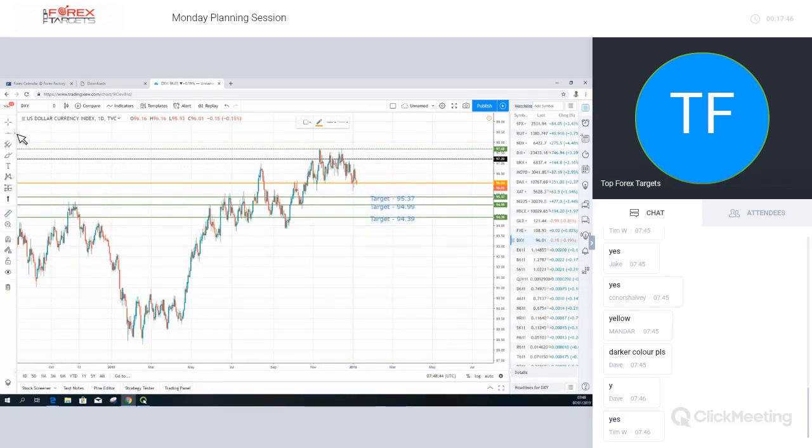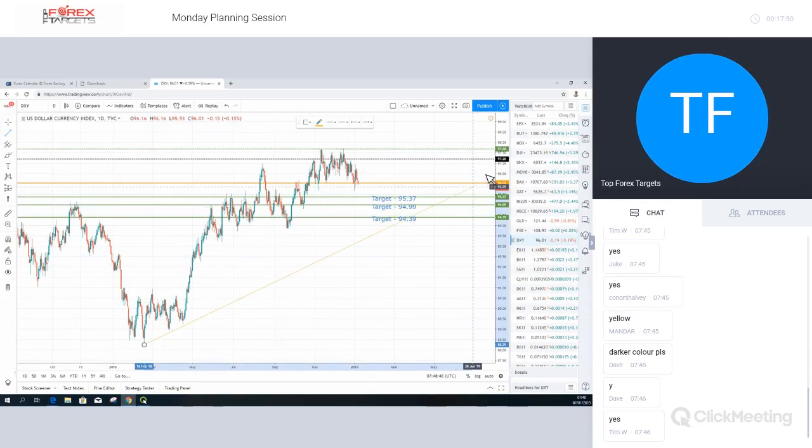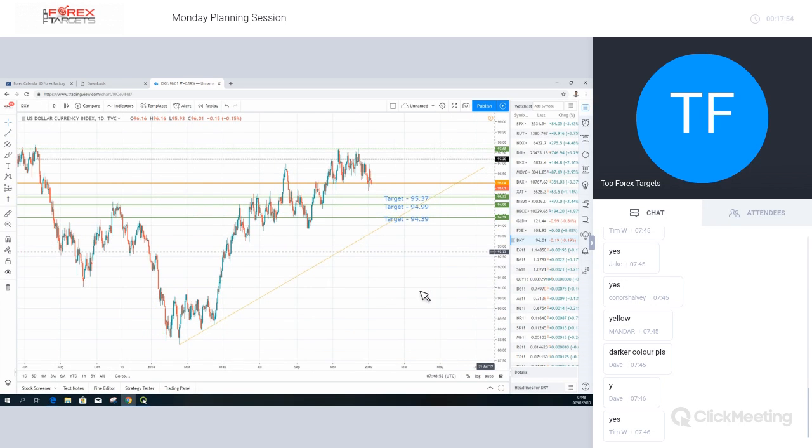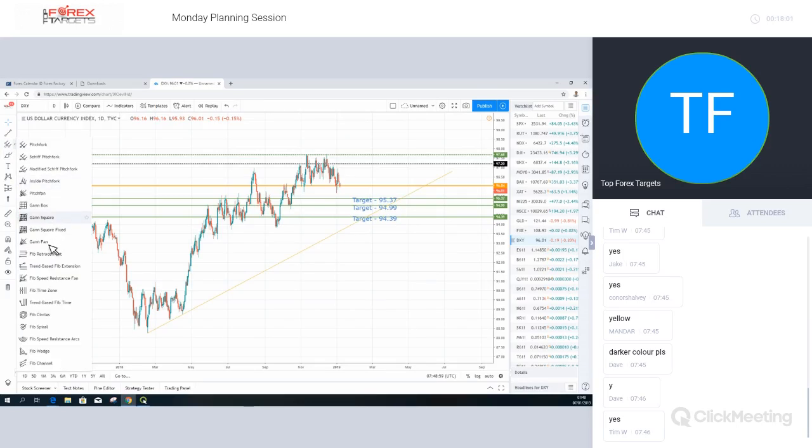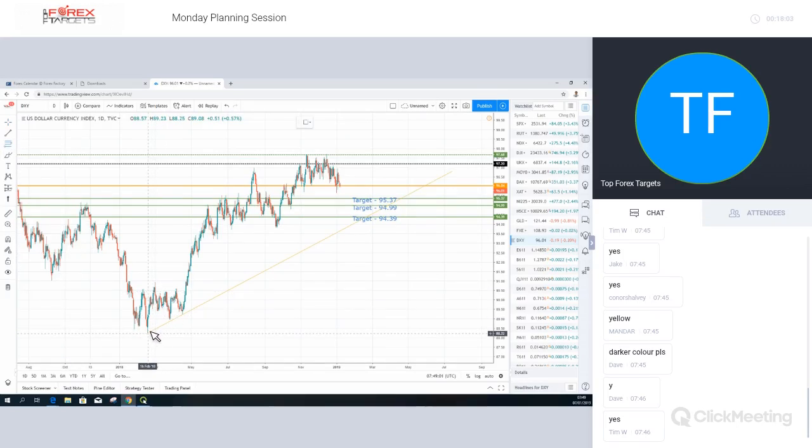So let's measure this all as 5 waves up, because we know when we have an impulse wave, we can measure the whole move.